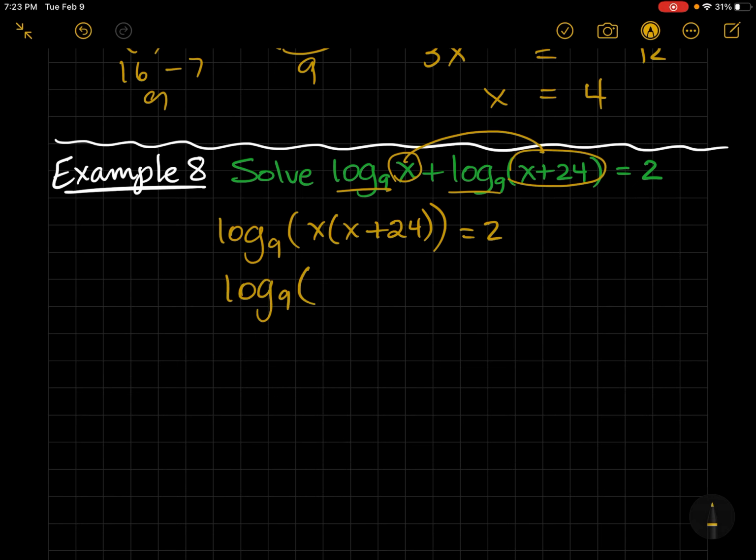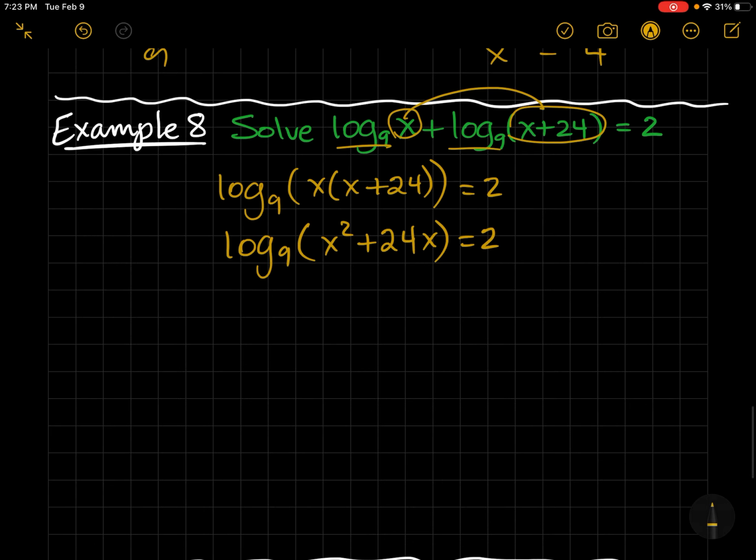Let me simplify that a little more. That's x squared plus 24x. And now I have a single log, so I'm going to convert, base exponent equals. So don't forget to convert. That's the big step. The big step.